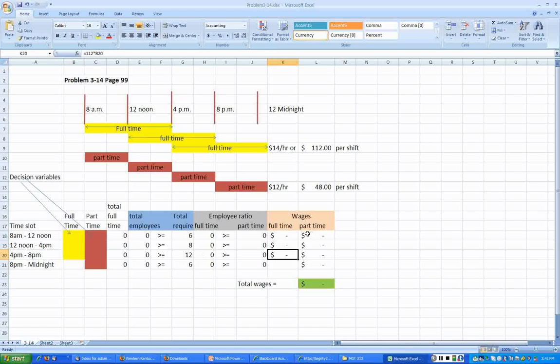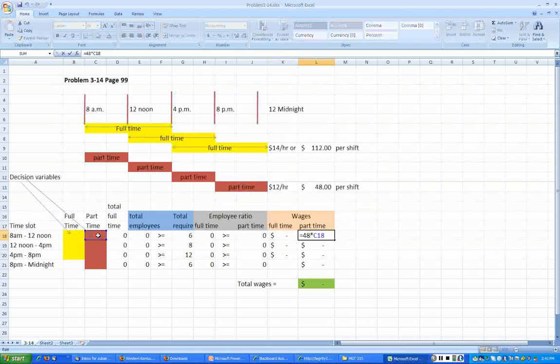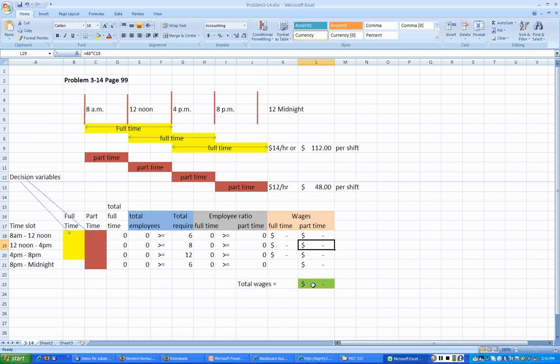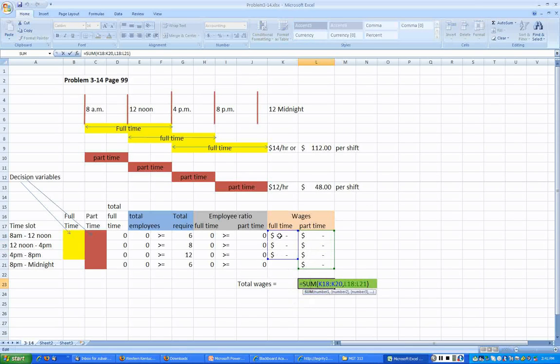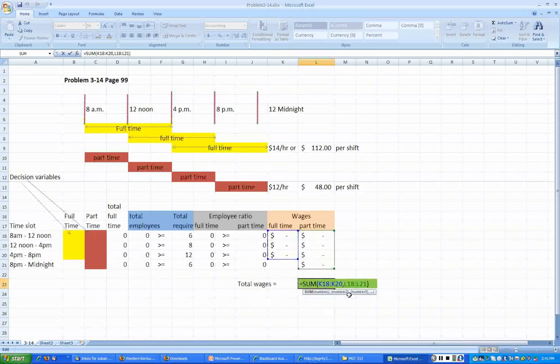The part-timer wage is straightforward: 48 times the number of part-timers that start at 8, and likewise for the other time slots. The total wages is the sum of the total full-time plus the total part-time, so sum of the first range through 420, comma, L18 through L21.